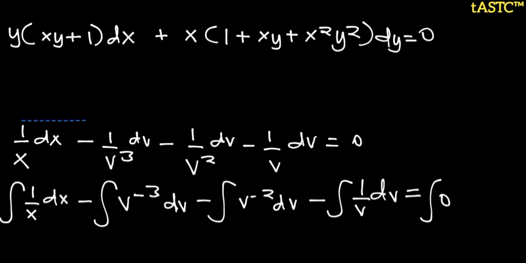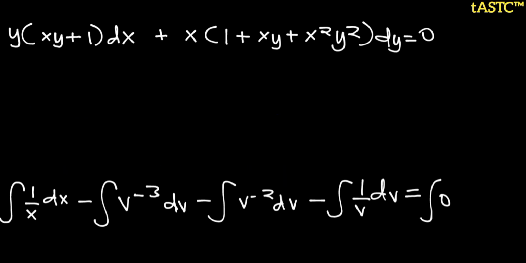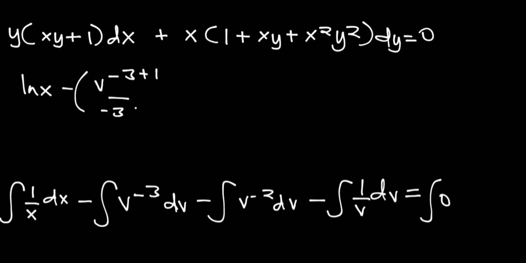So I'm taking these out. I'm also going to take these out. Now for this one, we're going to have an ln x. And on this other side, we would have a minus v raised to the power negative 3 plus 1, divided by negative 3 plus 1 from the power rule of integration.